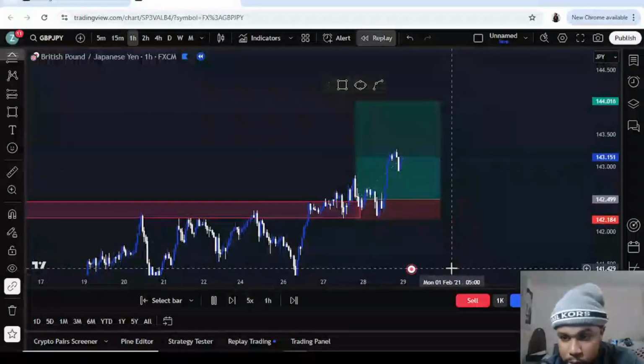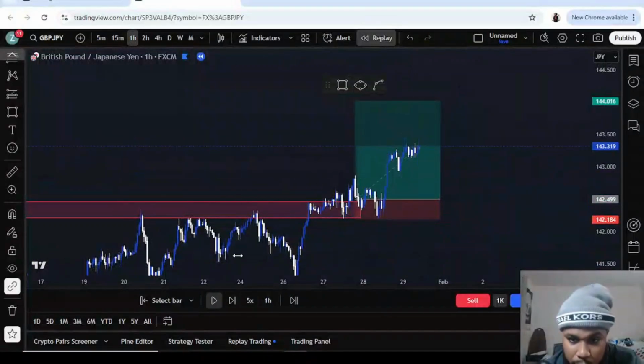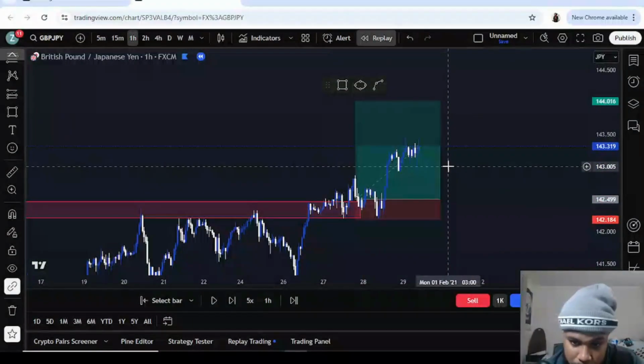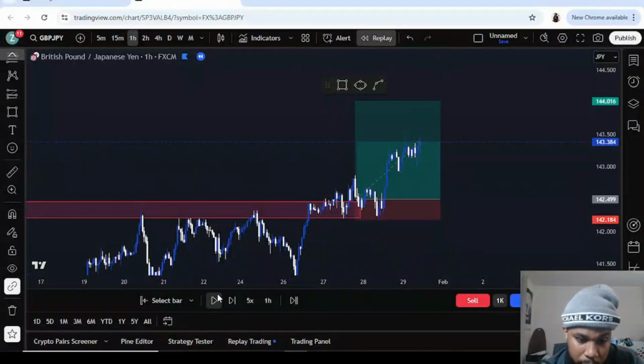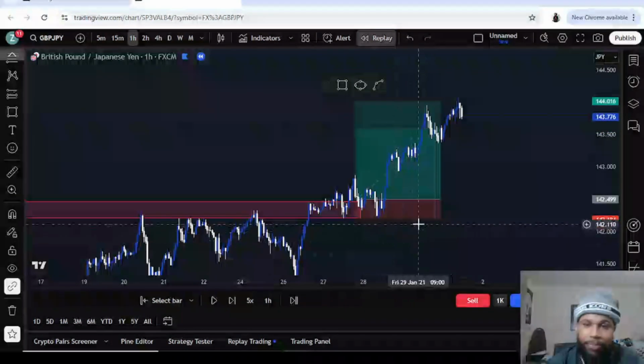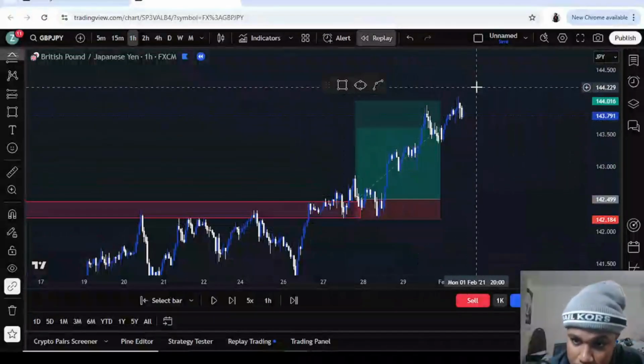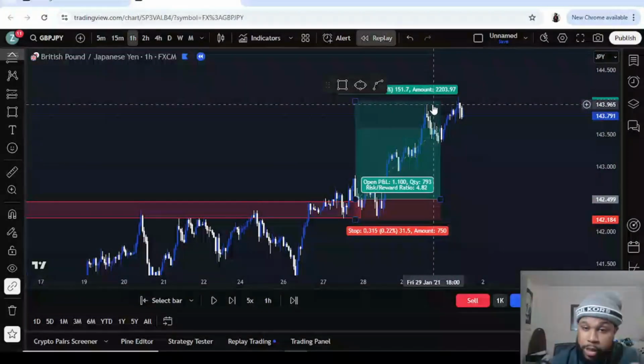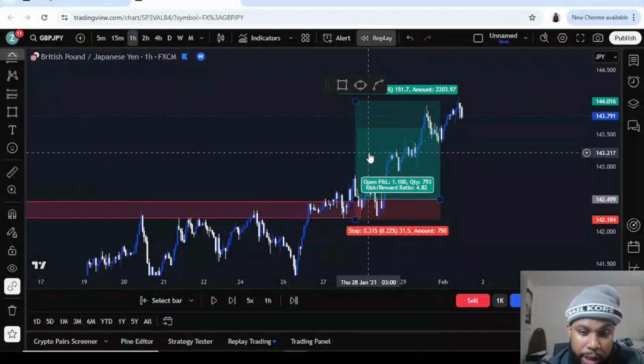Boom. So right here we already hit our first take profit of 143. So this is already a winning trade. But let's see if we hit 144 just because I'm curious. Yeah. So we actually did go to hit 144. This is a win. I would have caught this trade and caught the win. So that's 1-0 for the session.